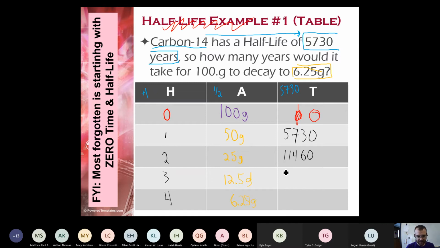And I believe the next one is 17190. And again, all I'm doing is I am hitting plus 5730 each time. Sometimes you accidentally hit the multiplication sign and then you're like, fudge, and then you go from there.